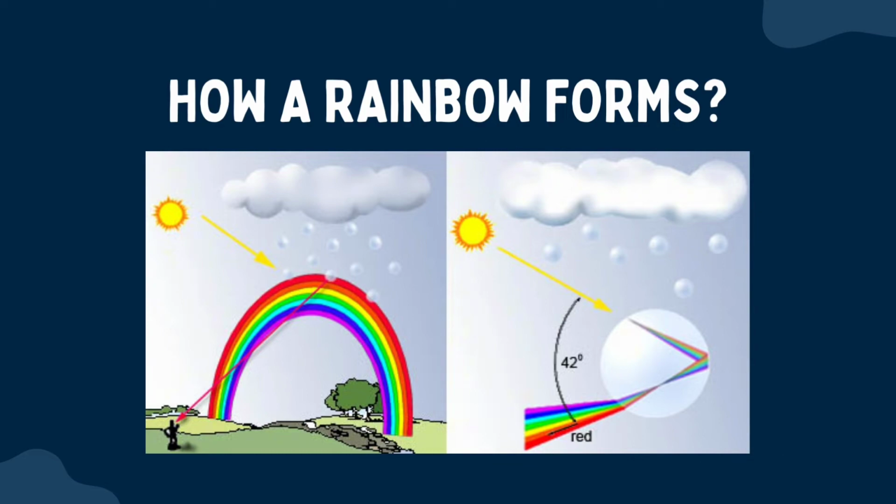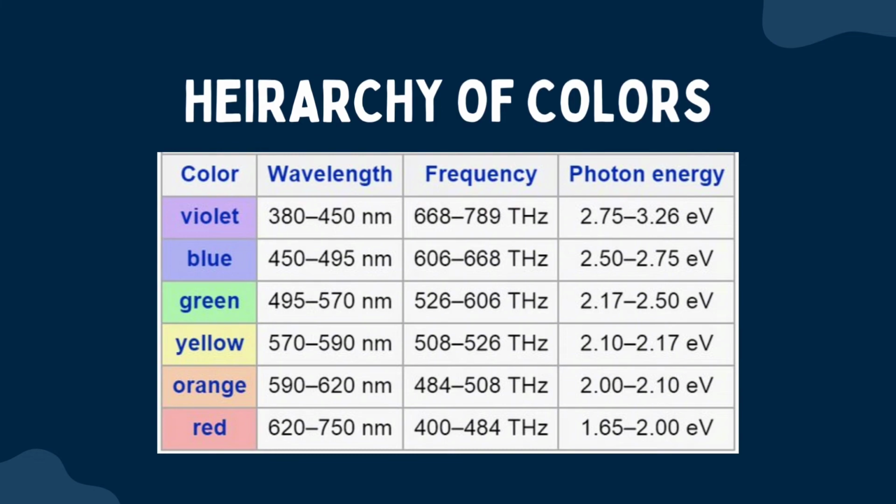Now let's talk about the hierarchy of colors of light. As you can see in the table, according to wavelength, violet has the shortest wavelength and red has the longest wavelength.